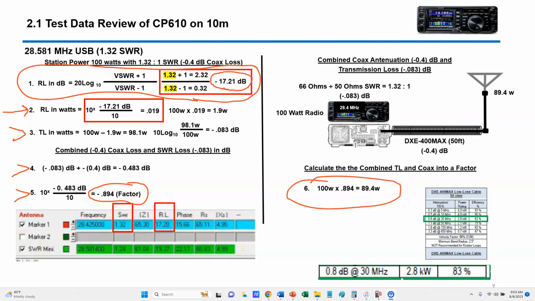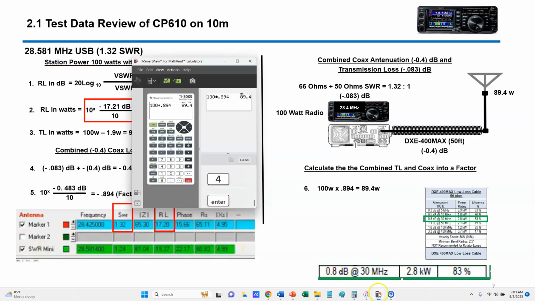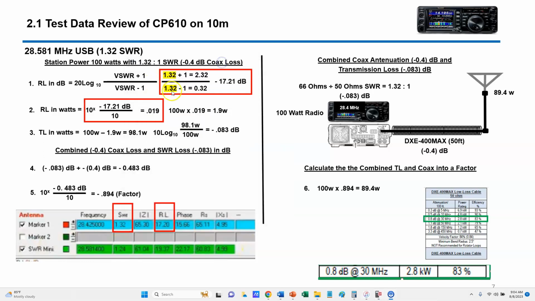So just to give you an idea, that factor doesn't change. Say, for example, if you had a 10-watt radio, you could say 10 times 0.894, you're getting 8.94. The factor is going to be the same because we've derived that from doing all of this. So if all you have is an SWR number, you have to know what your coax attenuation is.